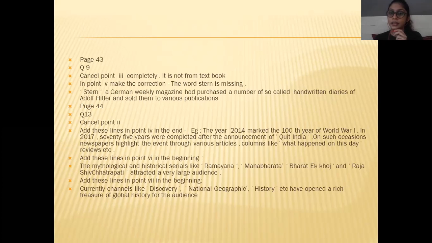That is, the year 2014 marked the 100th year of World War I. In 2017, 75 years were completed after the announcement of Quit India. On such occasions, newspapers highlight the event through various articles, columns like what happened on this day, and reviews, etc. So add these points.